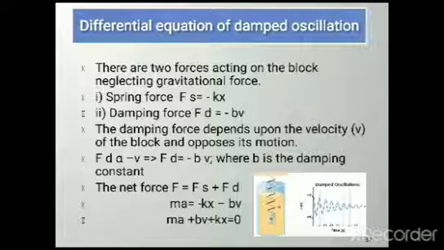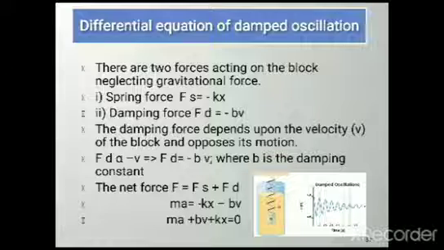So the total force acting on the block is given by the net force F is equal to Fs plus Fd. As the force is equal to ma, we can substitute the values of Fs and Fd, and by rearranging the equation we will get ma plus bv plus kx is equal to 0.